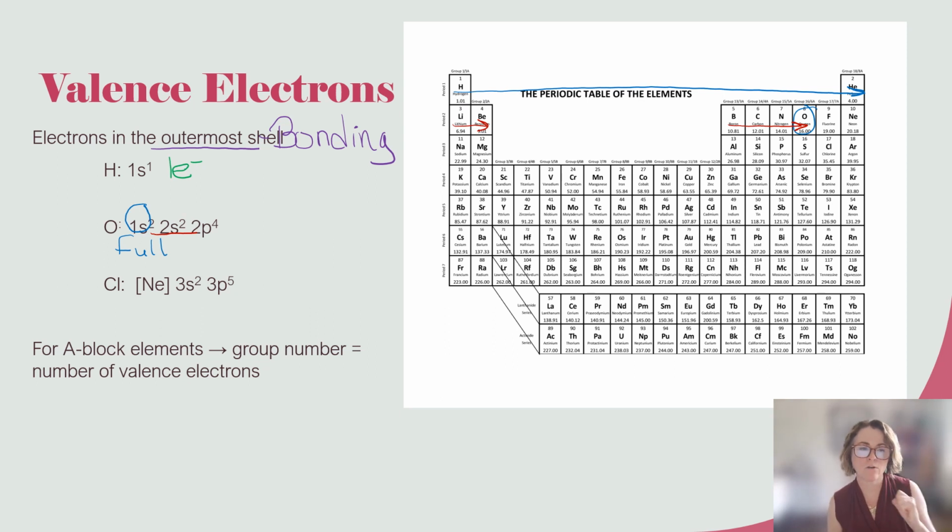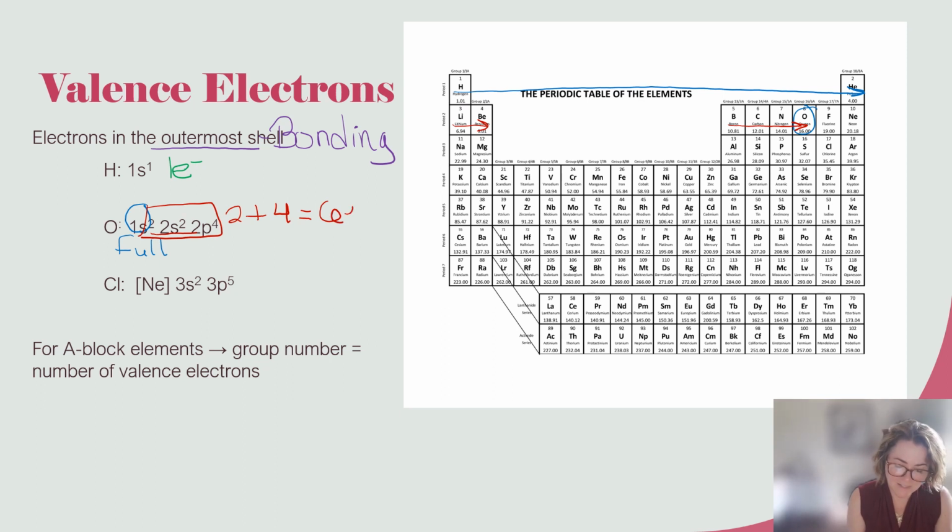For that second energy level to be full, I have to fill both the S and the P. So that means that 2 electrons from the S and 4 electrons from the P are my outermost electrons. So these guys are going to be my outermost electrons. So it will be the 2 from the 2s and the 4 that give me 6 valence electrons for the oxygen.